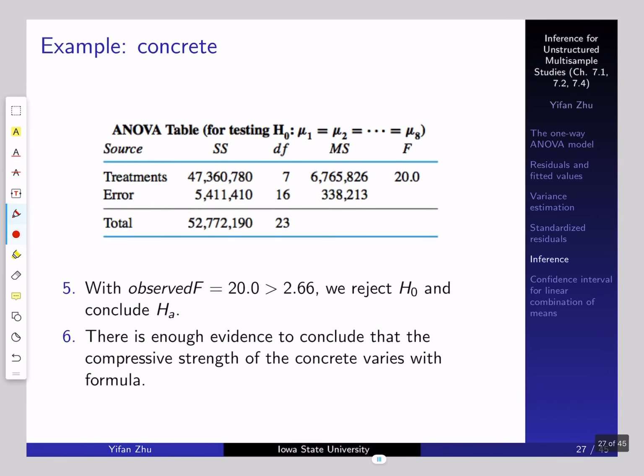Okay, so we have SSR and SSE. The degrees of freedom for SSR is 7 because we have 8 groups, and n minus r is the degrees of freedom of the SSE, which is 16. And we calculate the MS for each of these. The ratio of these two MS is 20.